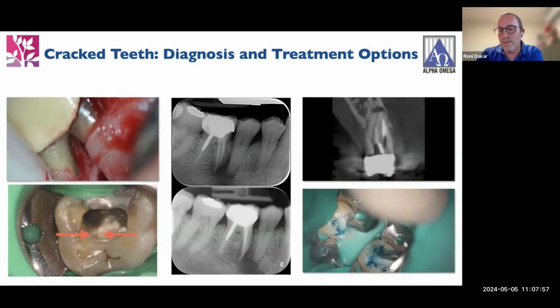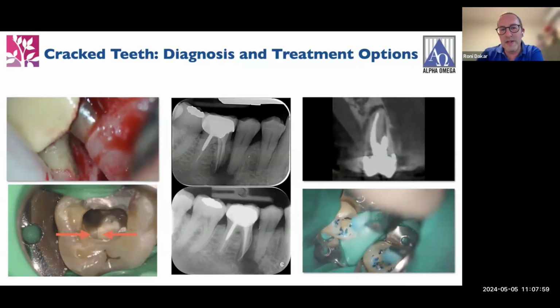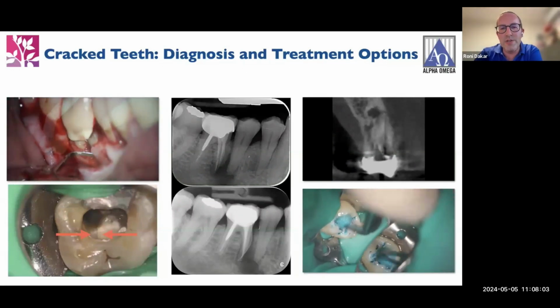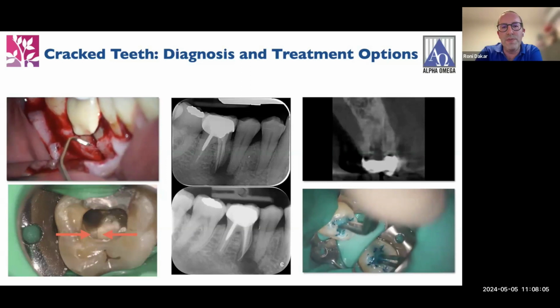In the two middle images, there's an X-ray image of a tooth that was referred to me.